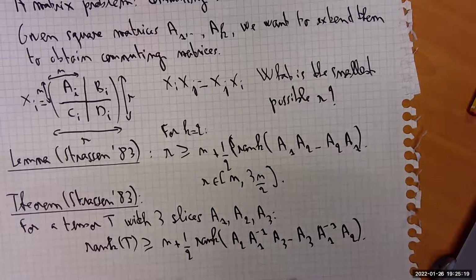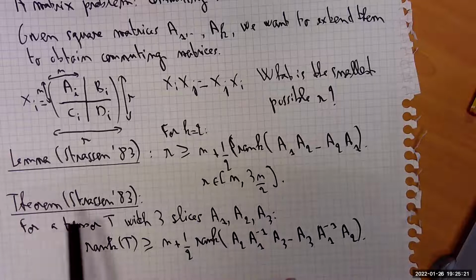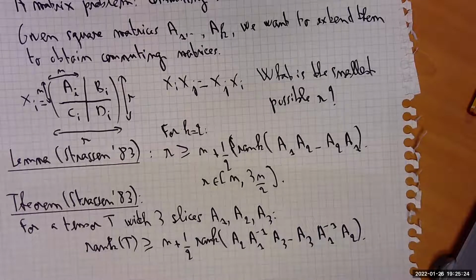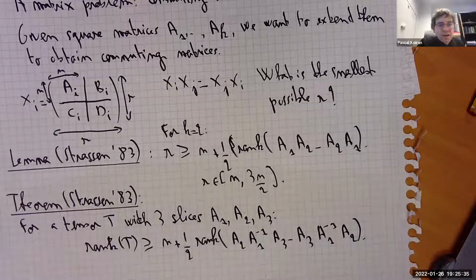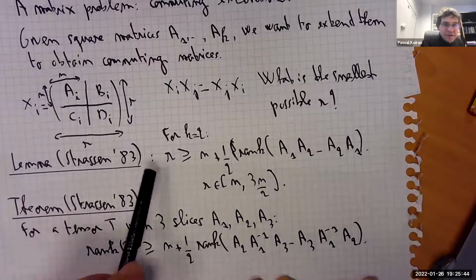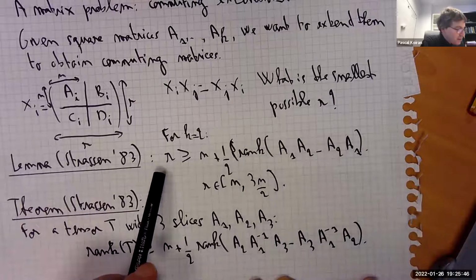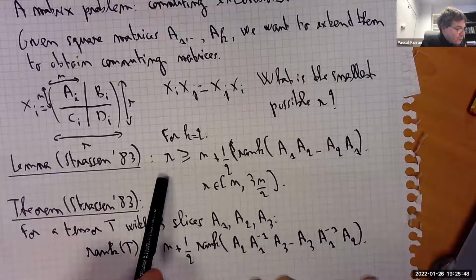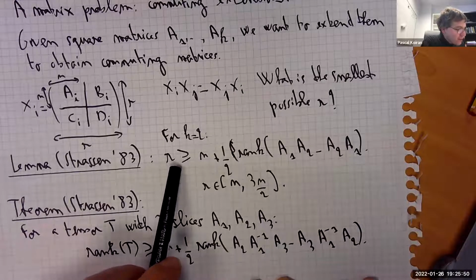Sorry, Pascal, to interrupt you once more. Sure. What is the relationship between this theorem of Strassen and the previous problem? Okay. So the relation is that this theorem uses this lemma here, and this lemma gives you a lower bound on the extension size.